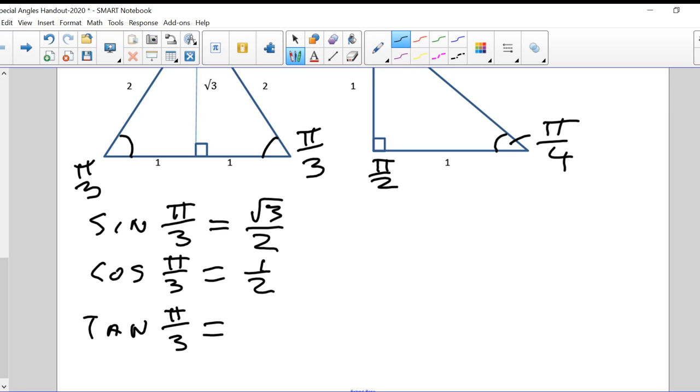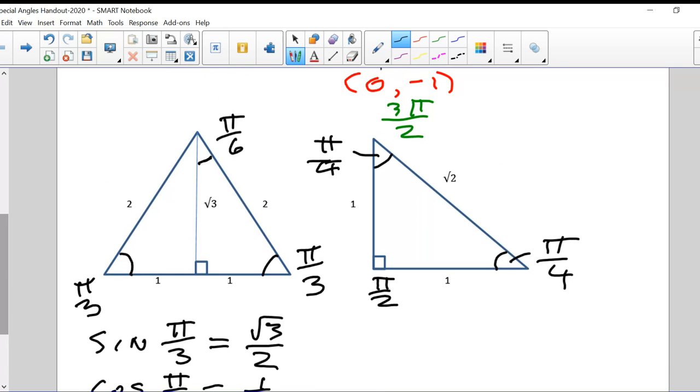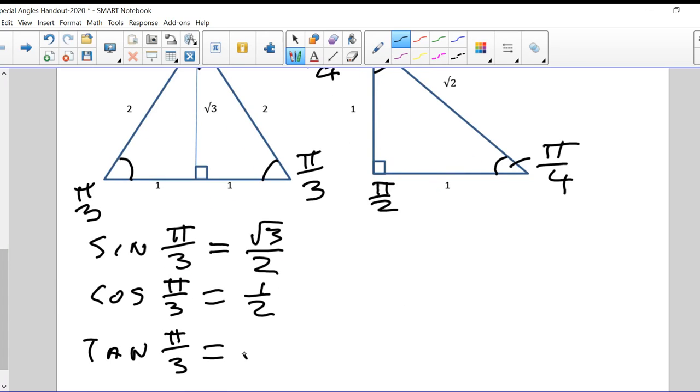So who can give me what the tangent of this angle is? The tangent of pi over 3 is equal to what side over what side? Opposite over adjacent. Come on, let me turn it over to you now. Using SOHCAHTOA, so root 3 over 1, perfect. And of course, because it's over 1, it's just simply root 3.